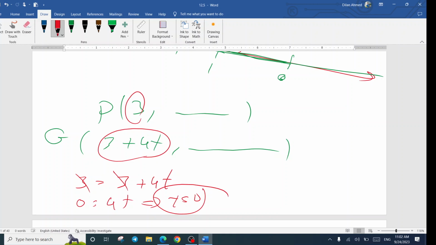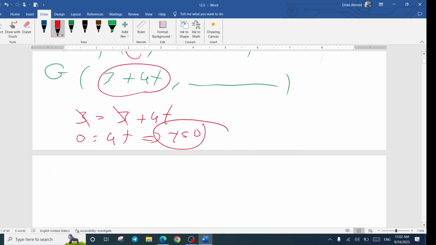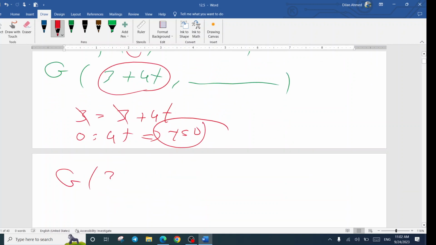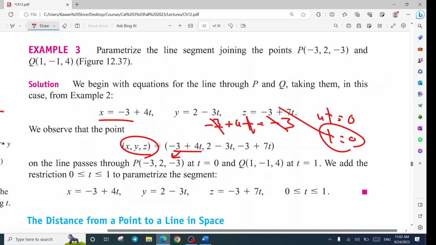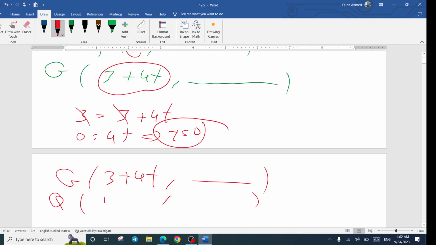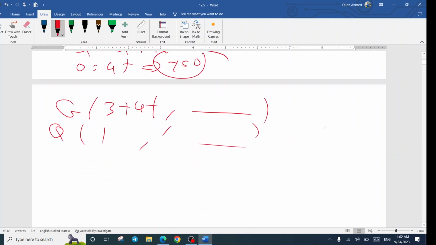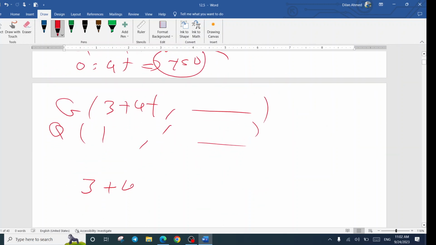Where's the other t? So I'm going again to compare the general point with what? With Q. Look. X by X. 3 plus 4t equal to 1.